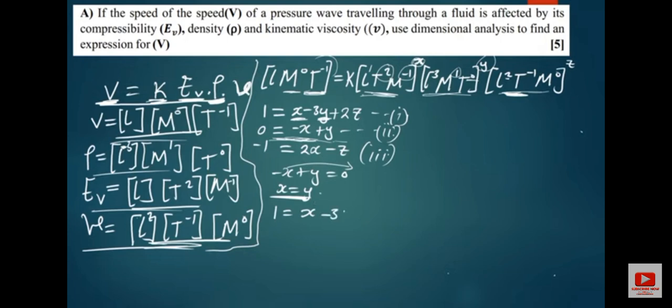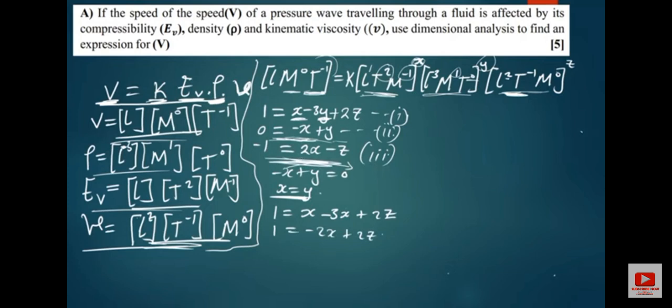So I'm going to have 3. Then while there's y there, I'm putting x, and we say plus 2z. So when we add this, we're going to have -2x plus 2z. And then we solve it simultaneously with the third equation there.